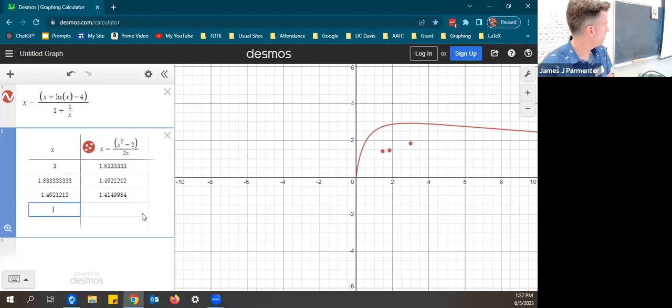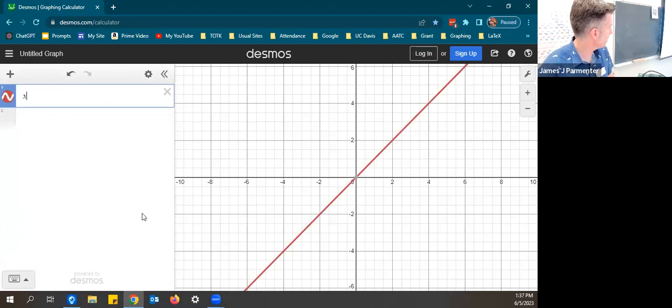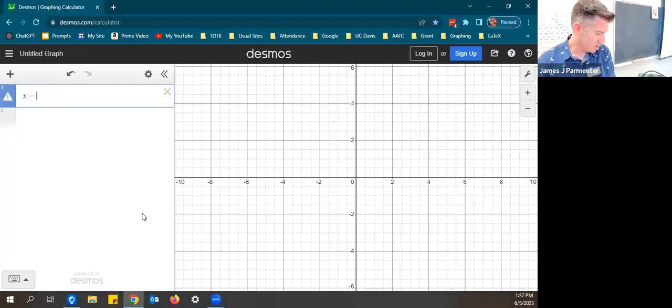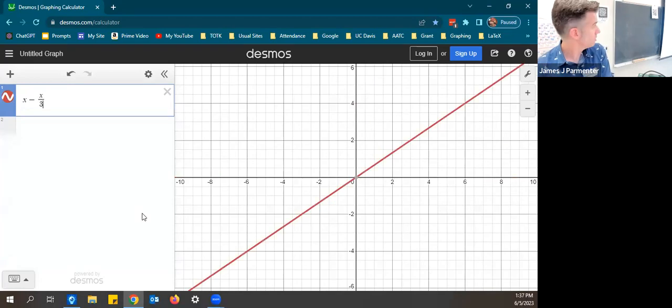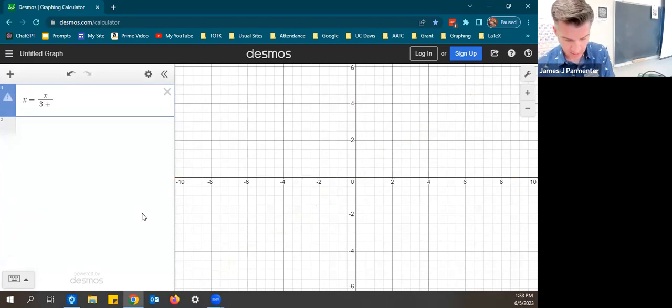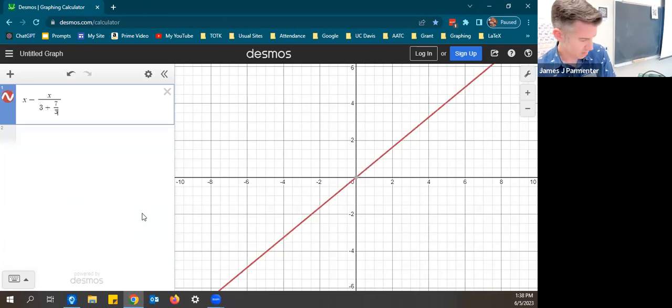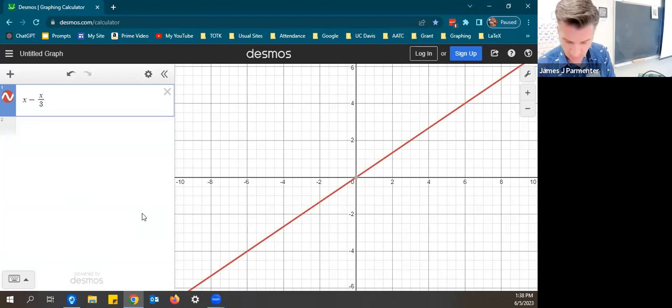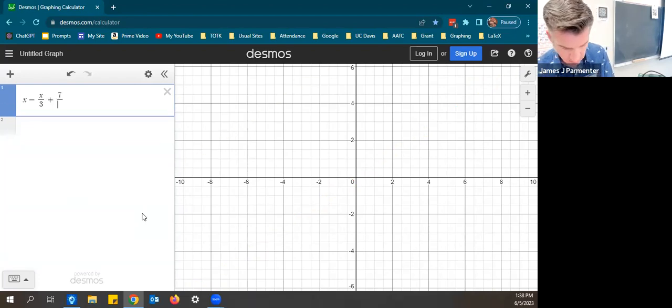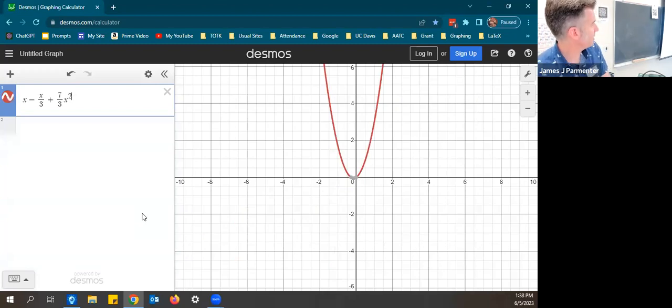Okay, let's back it up. So now we're doing x minus, I'm just going to simplify this. x cubed over 3x squared is just x over 3. And minus 7 over 3x squared is plus 7 over 3x squared. I'm just making it easier, right?